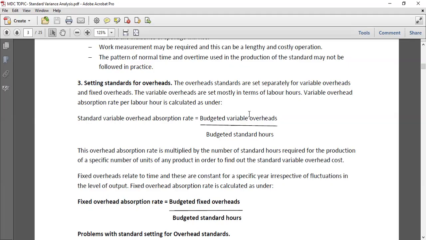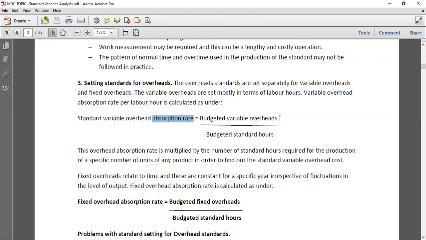Different from that is the fixed overhead absorption rate, which helps us in setting the standards for the fixed overheads. The key principle is that we use the absorption rate in setting the respective standards.